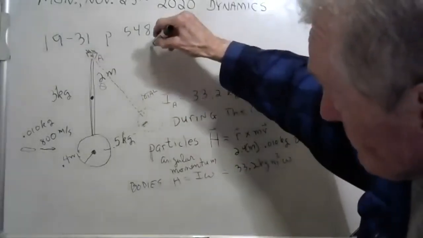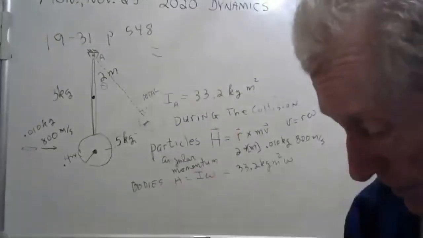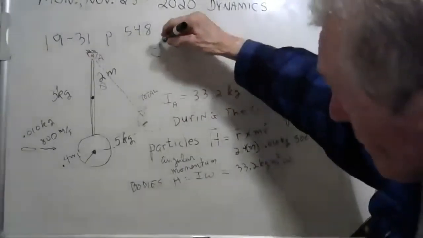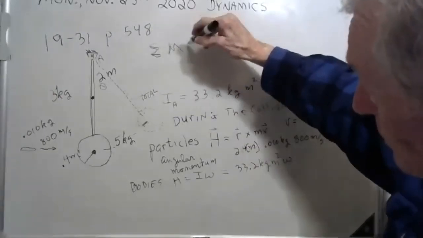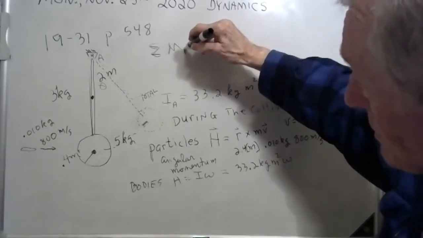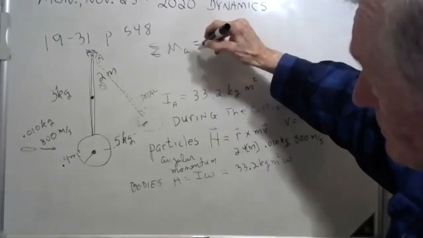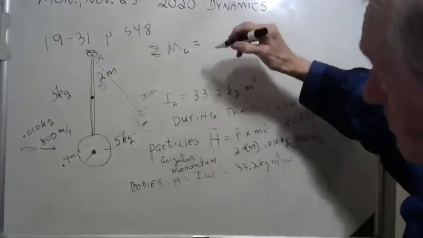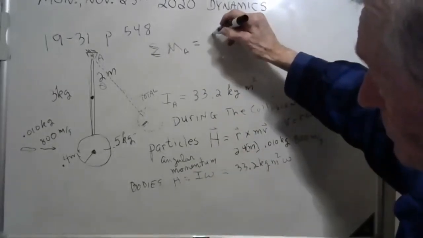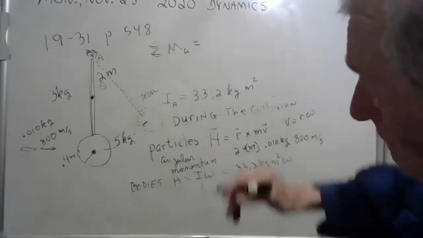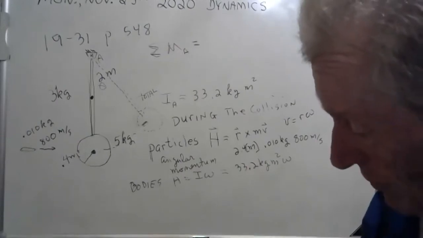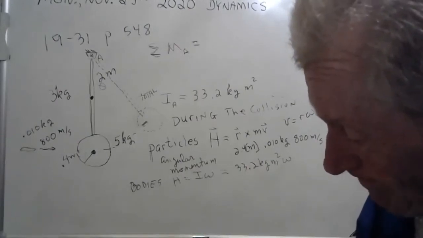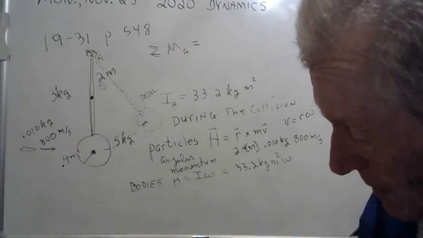Here's the equation. Oh, gee. I'm not going to make it, am I? I might get so far as to write your equation for you. The sum of the moments about A is equal to, we need the bullet and the disc.